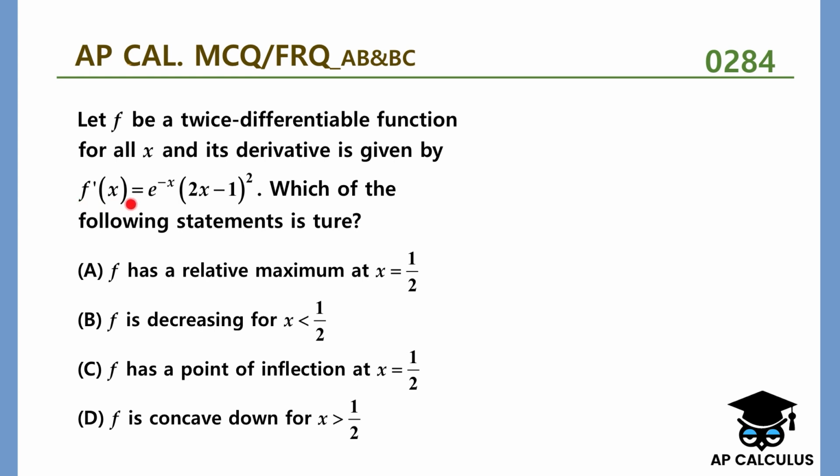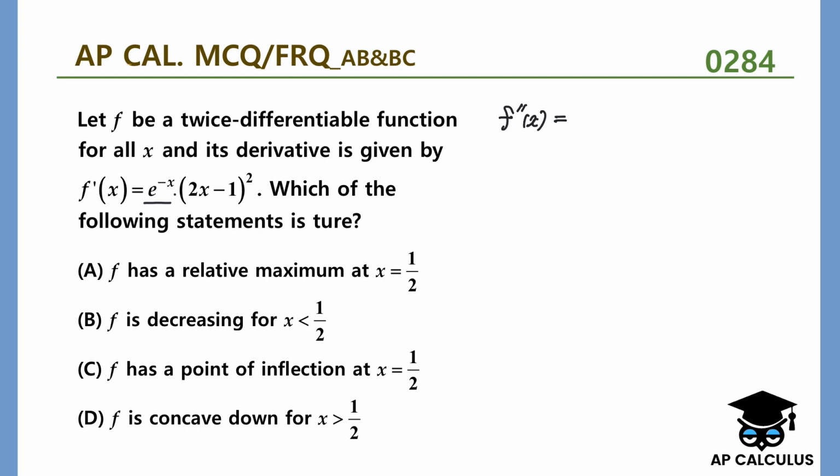Here we have a first derivative, so let's find the second derivative from this first derivative. The second derivative is equal to, here the first derivative is exponential times (2x minus 1) squared, right? So we have to apply the product rule.